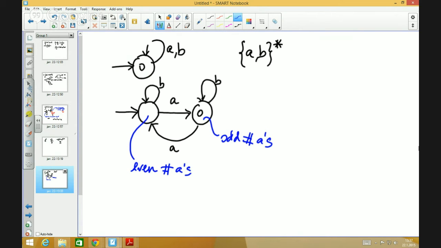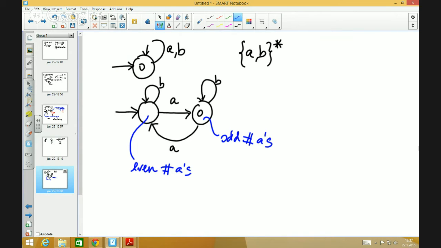Now, if you see an A, and you were in a state that meant I've seen before only an even number of A's, you've seen one more, the number of A's becomes odd. And you get to an accept state. So you're happy.